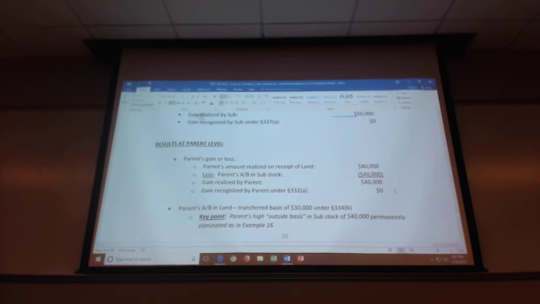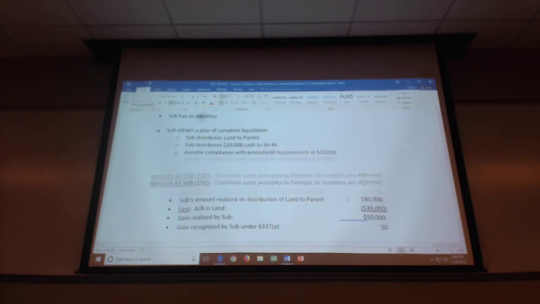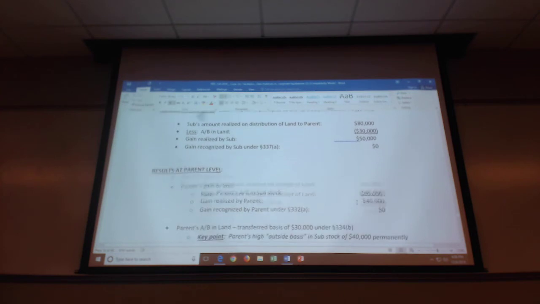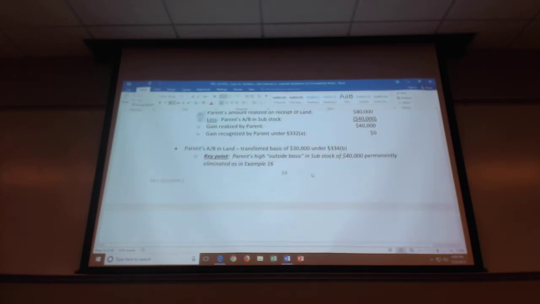The change here is the minority shareholder. But before we get to the minority shareholder, just a reminder that the land that had a basis in the hands of the subsidiary of $30,000 is transferred over to the parent corporation, and the parent's $40,000 basis in its stock is permanently eliminated.